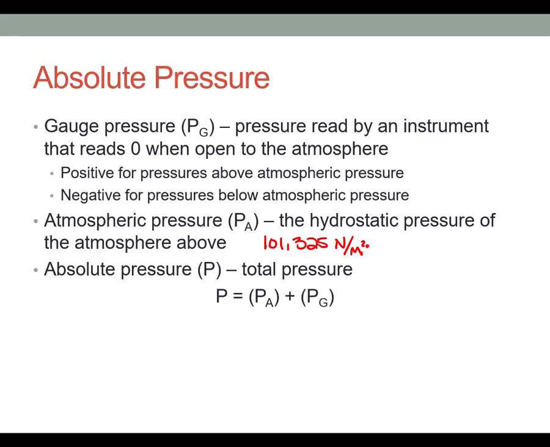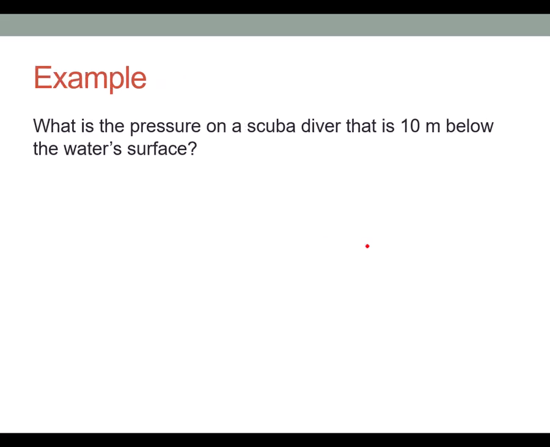Okay, we're going to do an example that is related to this, but not exactly this. We're going to return to the example that we started last time, which was thinking about what's going on 10 meters below the water surface.